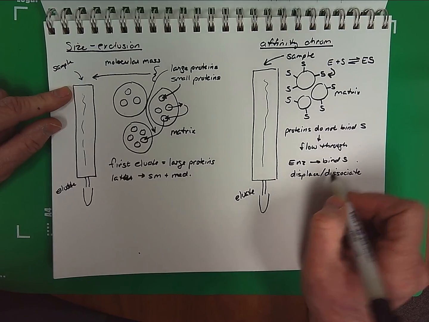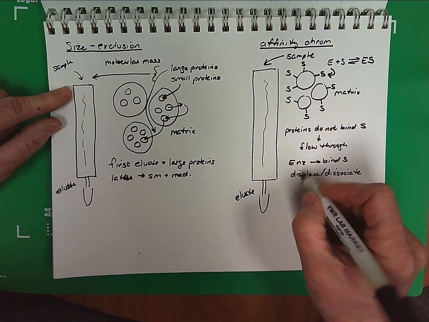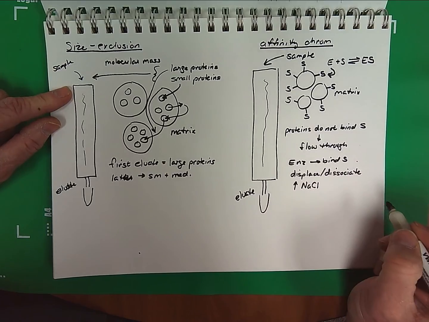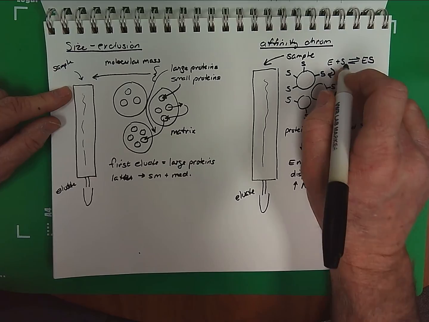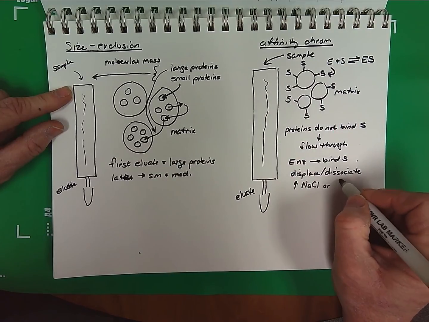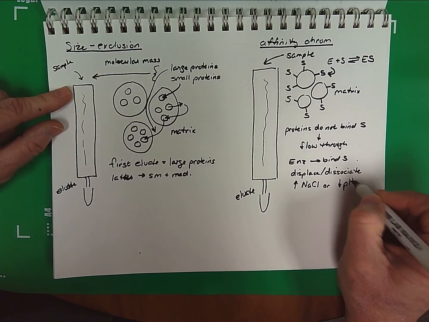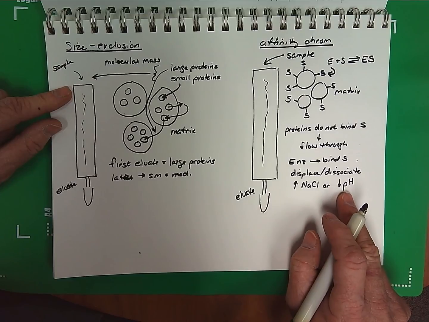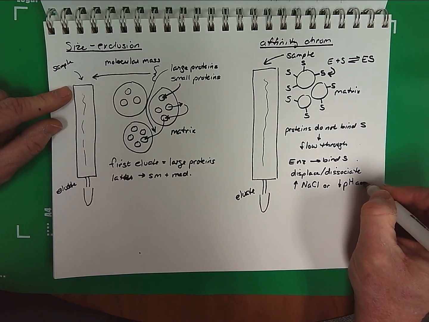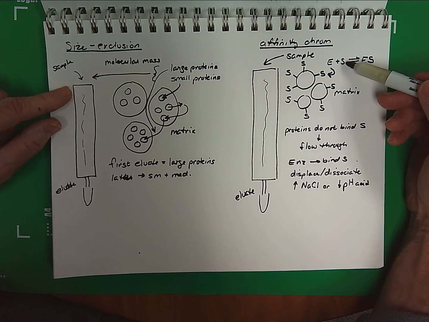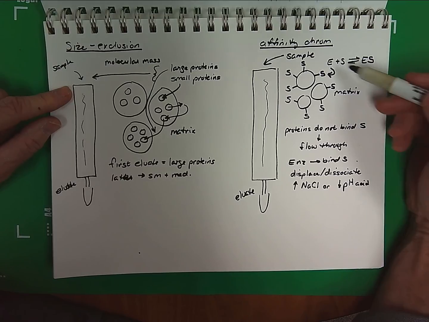The typical way to dissociate enzyme and substrate in these is to increase salt to disrupt ionic interactions between the substrate and enzyme, or decrease the pH. Oftentimes decreasing the pH, making it more acidic, will protonate groups that are responsible for charge interactions between the enzyme and substrate. That will displace it.